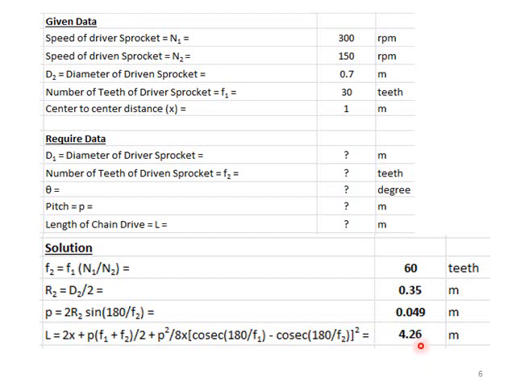So the result will be 4.26 meter. So here is the solution. We have got the number of teeth of the driven sprocket, the pitch circle radius of driven sprocket, pitch of sprocket, and the length of chain. So the problem is solved.